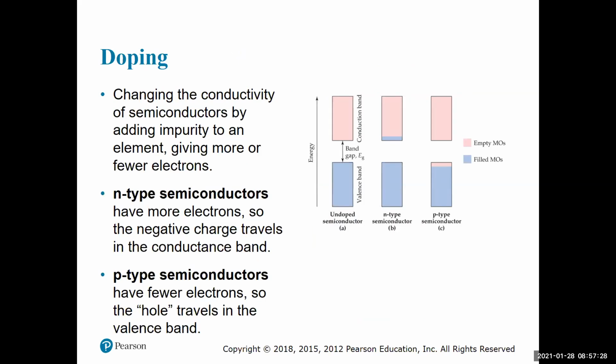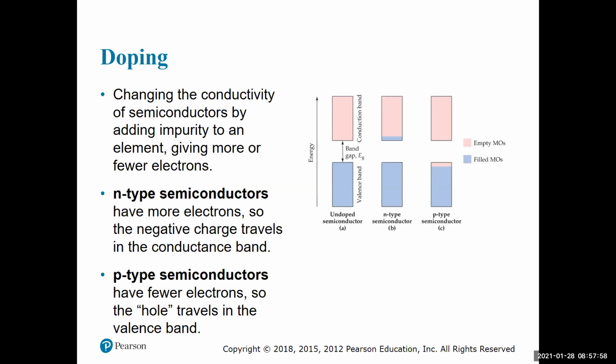Okay, I mentioned before that a lot of times it's not a single element material. And this is where the concept of what's called doping comes in. And so we see some examples here where on the left picture, we see our valence band down at the bottom, our conduction band at top, and then we've got that band gap energy.